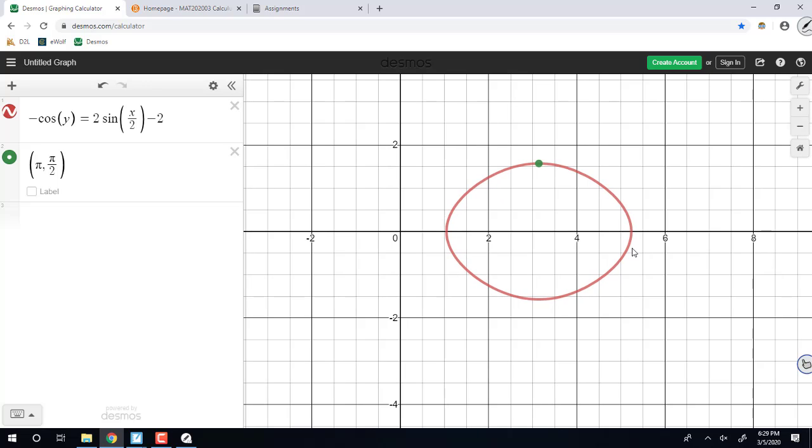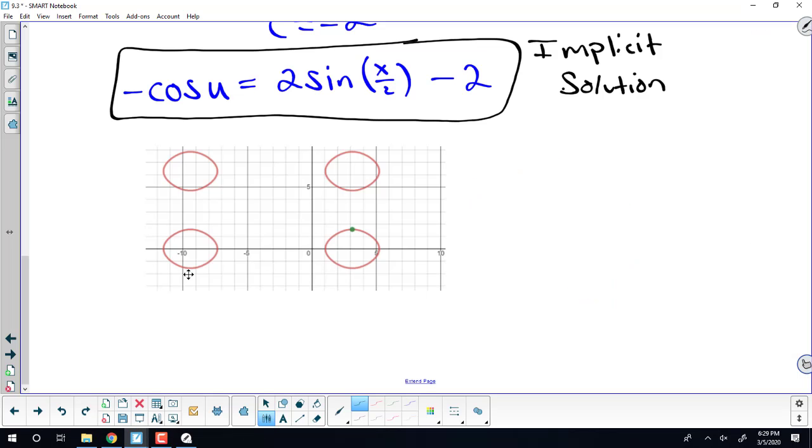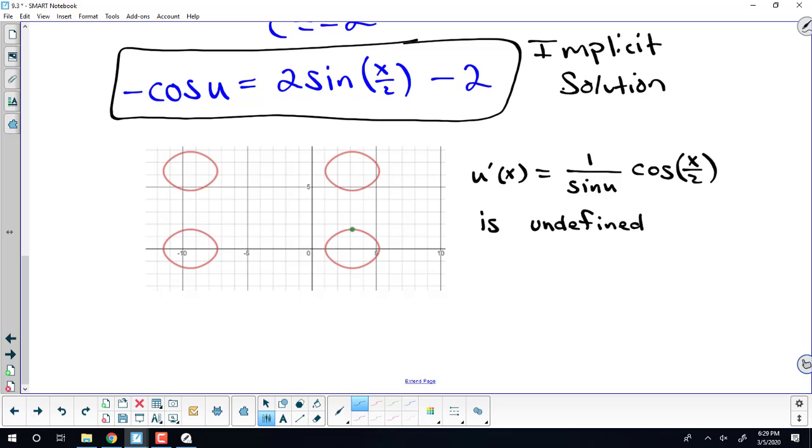Graphically, it looks like there's a point there, but analytically, our original differential equation is not defined at 0. Oh, sorry, that was x, I think. Sine u is undefined when u is equal to 0.